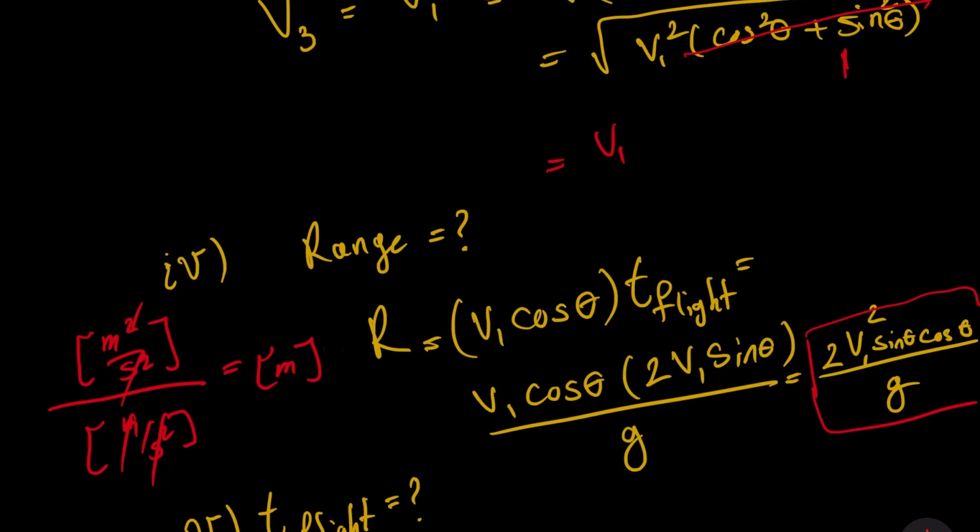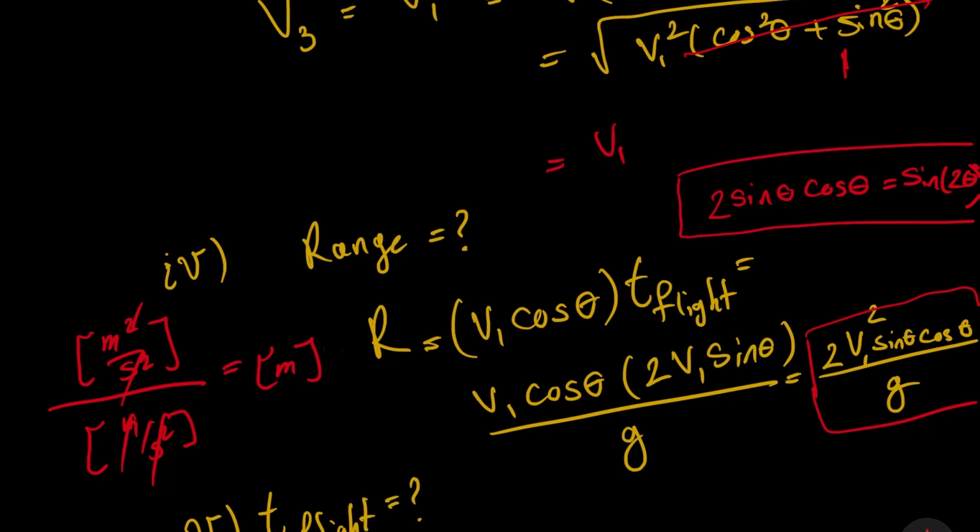Range needs to be meters. Another thing is we could call 2 sine theta cosine theta, using one of our trig identities called the double angle formula, sine of 2 theta. But that's not a mandatory thing. We got the expression in there. So that basically takes care of it.